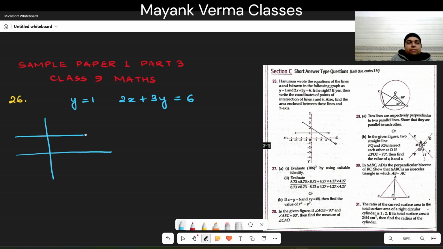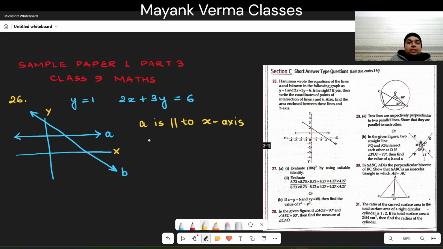First of all, this is line A and this is line B. We will write it down like this: A is parallel to the x-axis. This is the x-axis, this is the y-axis.